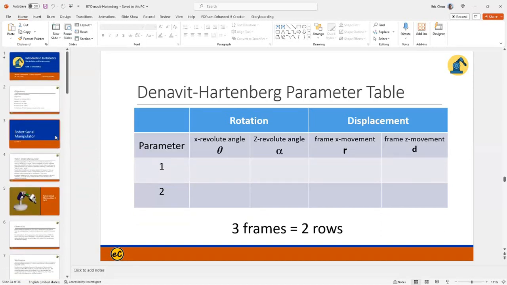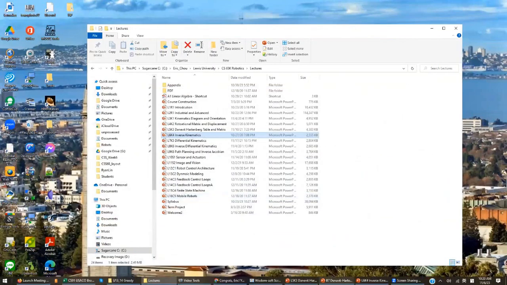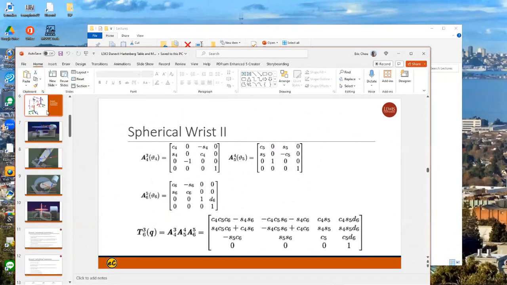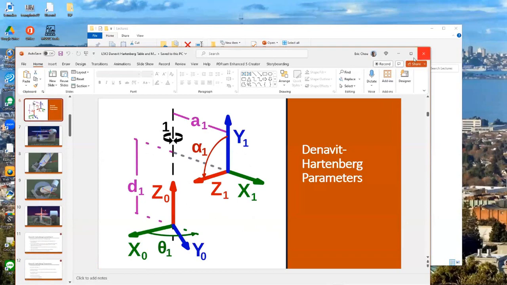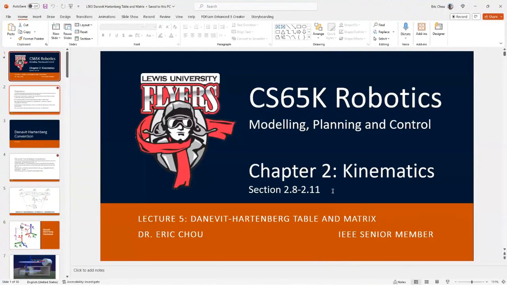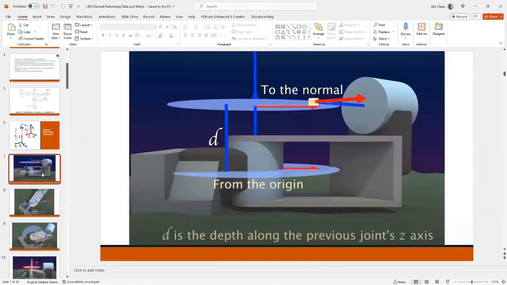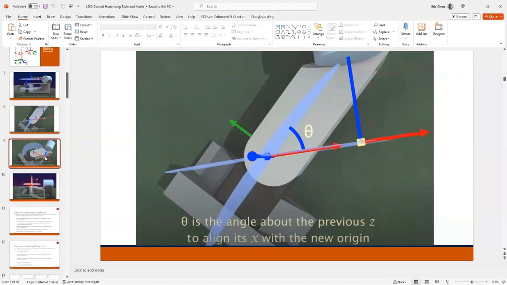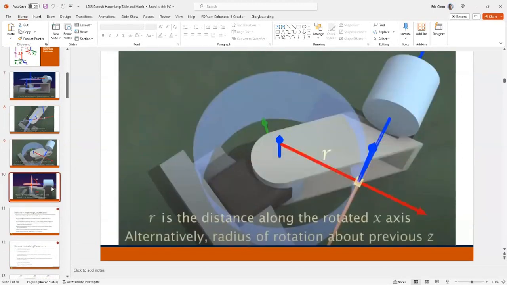That's earlier, in the other note right here. Let's look at this. This one, Denavit-Hartenberg, in this lecture 5 note here, does have a definition for what is d, what is theta, what is alpha and r.